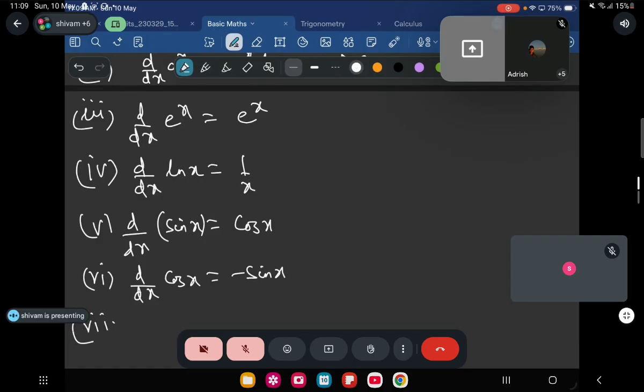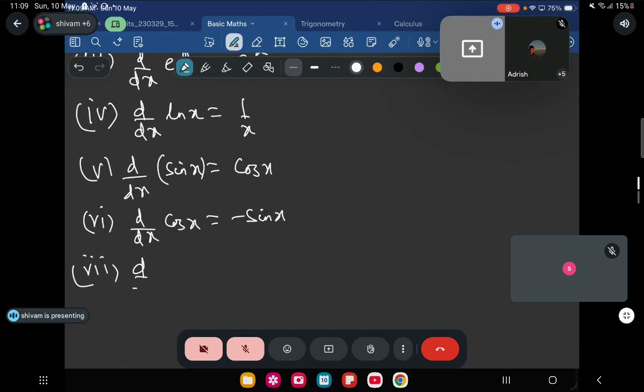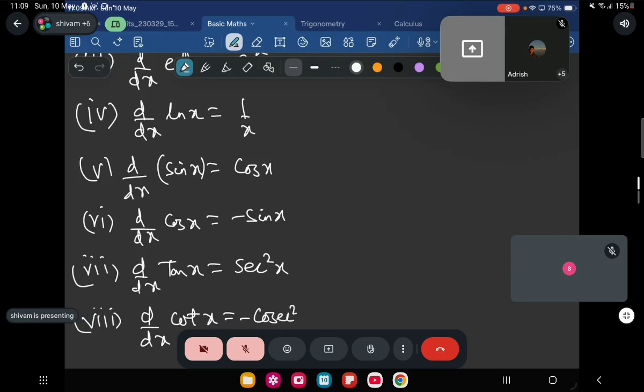Number 7. dy dx of tan x will be equal to sec square x. Number 8. dy dx of cot x will be equal to minus cosec square x.